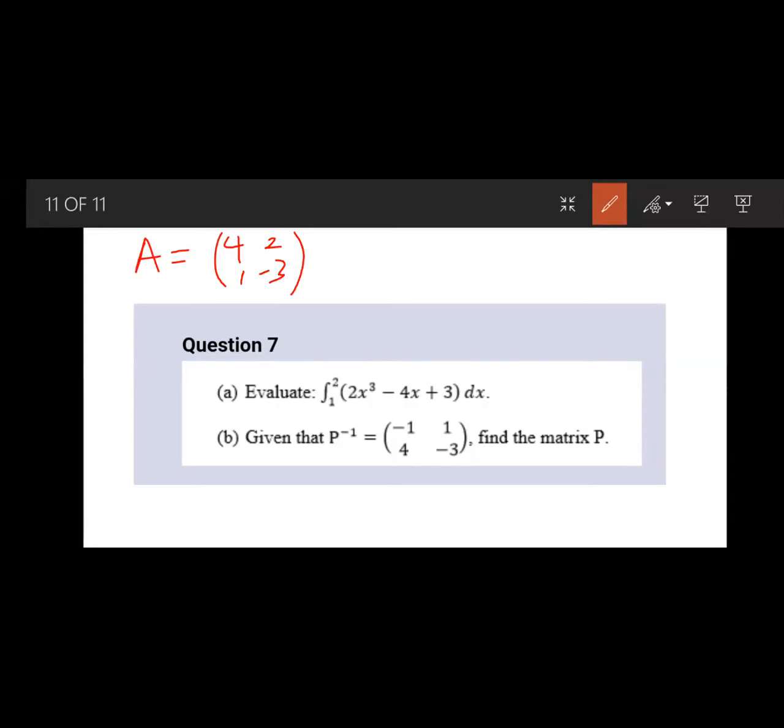Or in 10 seconds? Can anybody give yes or no? Can you give me the inverse of this matrix in 10 seconds? Yes or no?